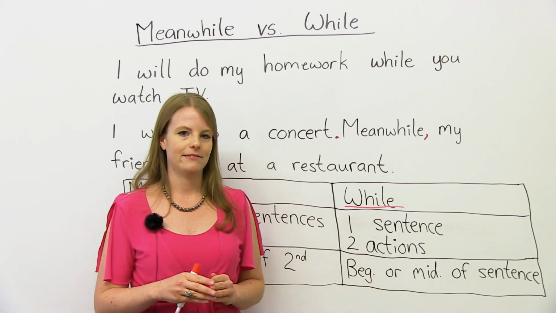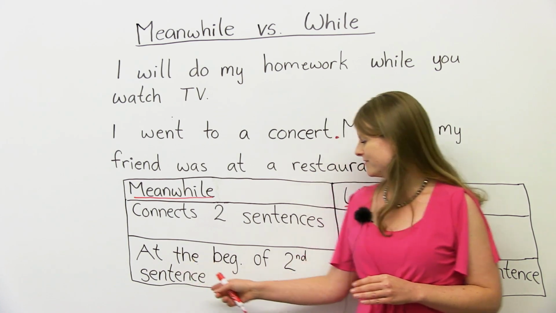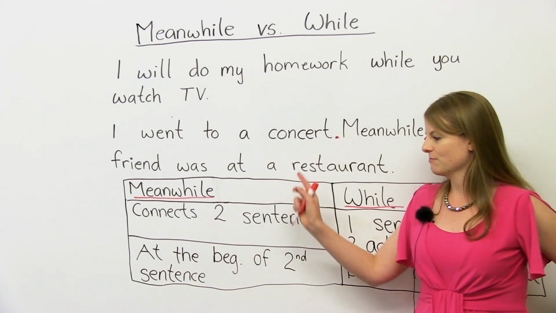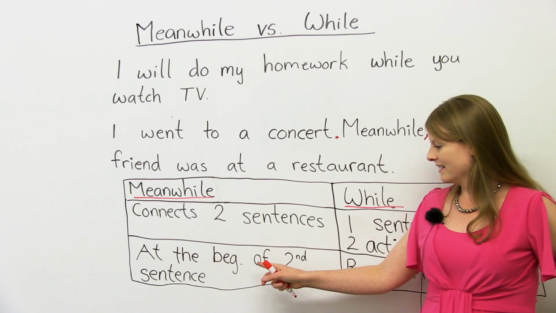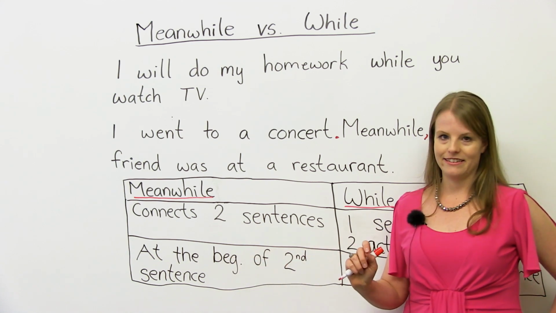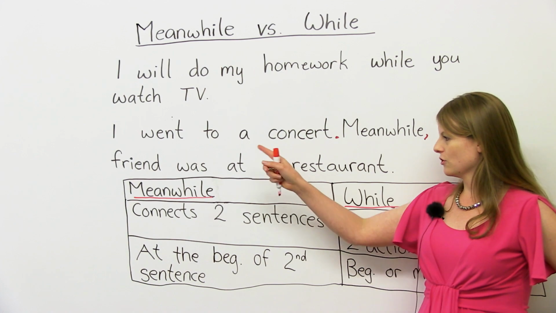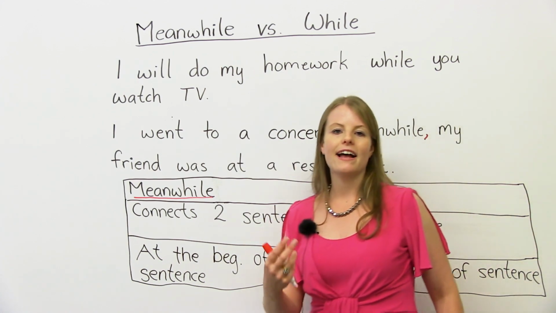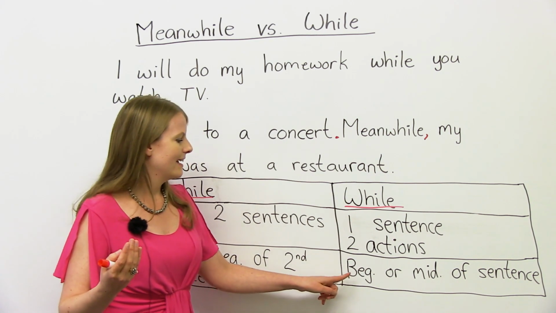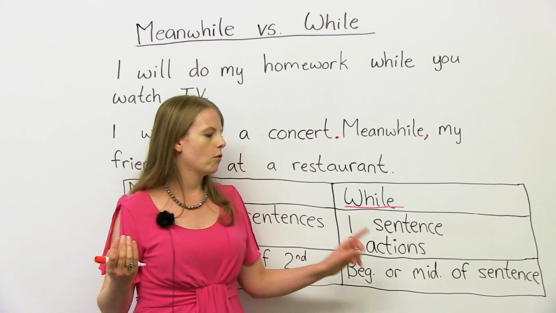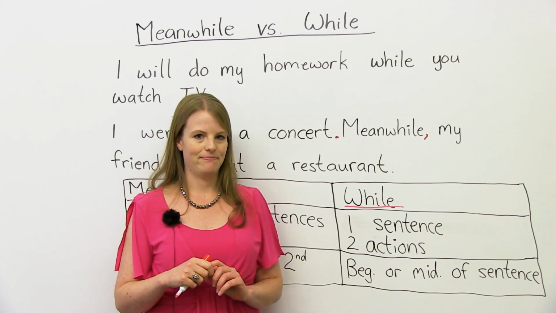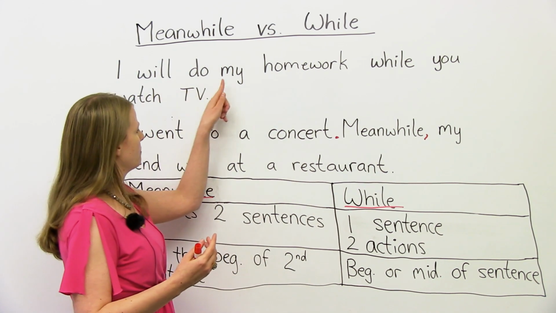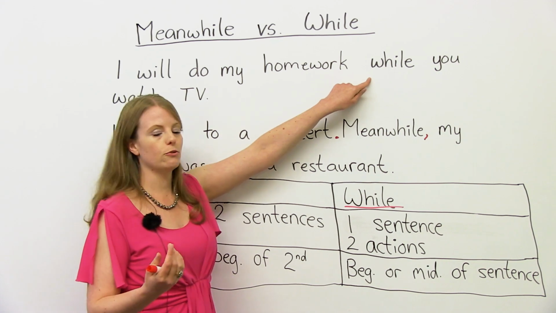What's another difference? Let me jump here. Notice where meanwhile is located in the sentence. It's at the beginning of the second sentence, like I mentioned. So you say the first sentence, meanwhile, second sentence. Whereas with while, it can be at the beginning or middle of a sentence. So for example, I could say, I will do my homework while you watch TV.